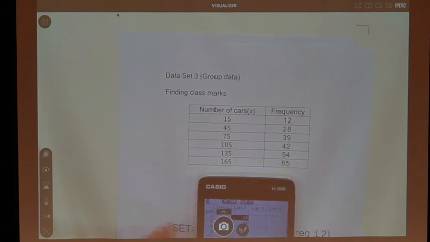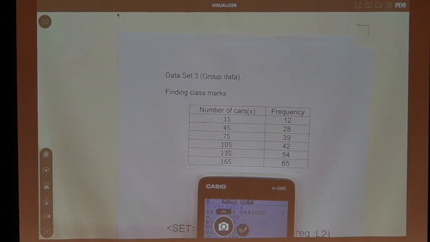So, alright, and then we repeat what we did for the last one. We go to setting, checking list 1 and list 2 is the data and the frequency. Guys, hang in there. I've got another 10, 12 more minutes. So we have setting, list 1 and list 2 is the data, and then we go to one variable.